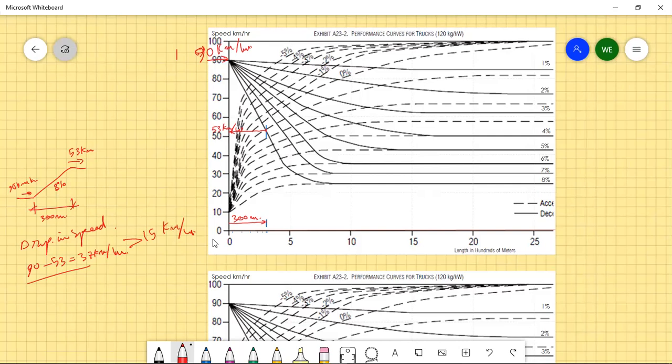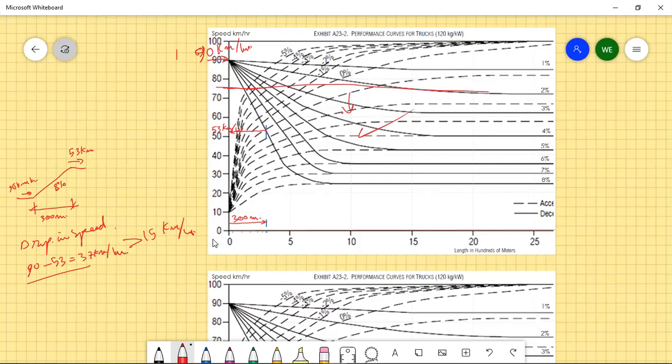The 15 kilometers per hour is here. So as I mentioned before, anything under this line, then we must add a climbing lane, given that the volume and the percentage of trucks or the number of trucks conditions are satisfied.